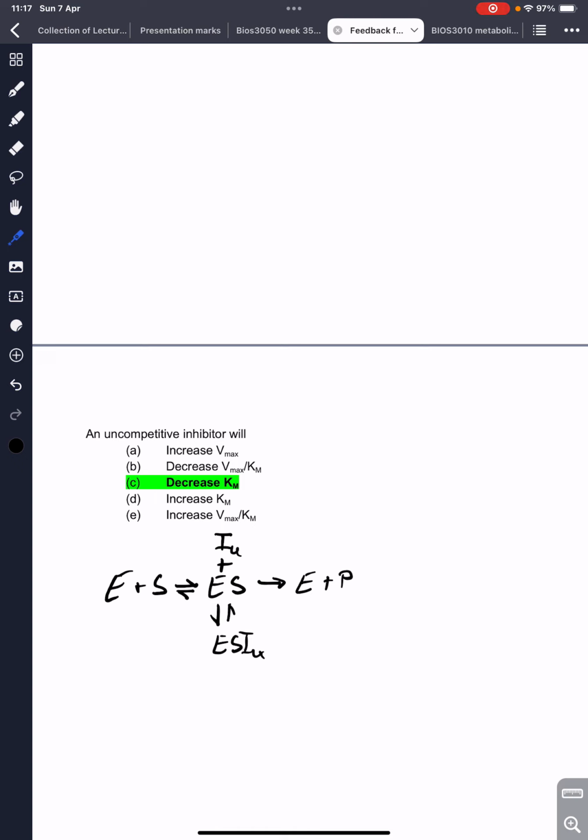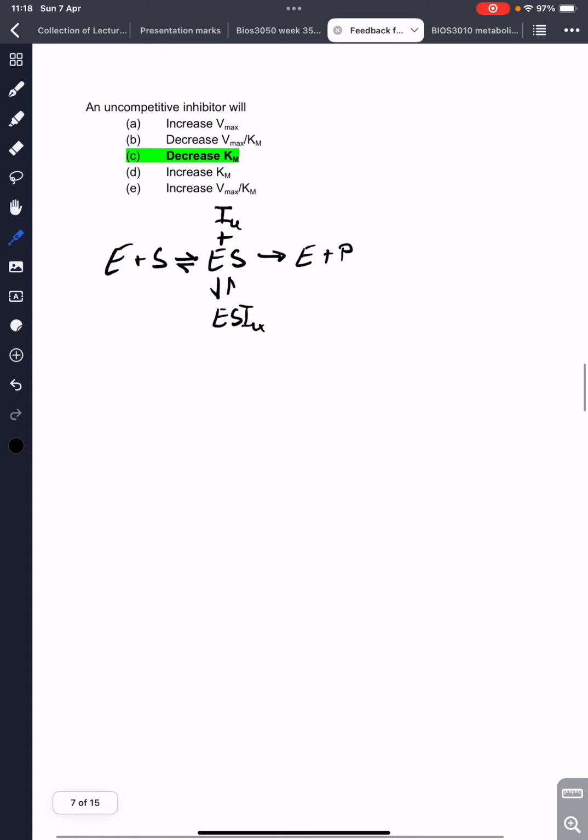So that's why we decrease Km. If it was a competitive inhibitor, then Km would be increased, or the affinity would be lowered.